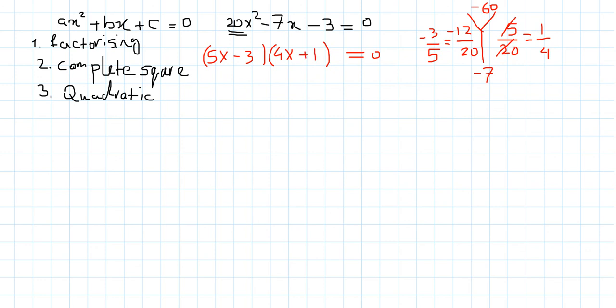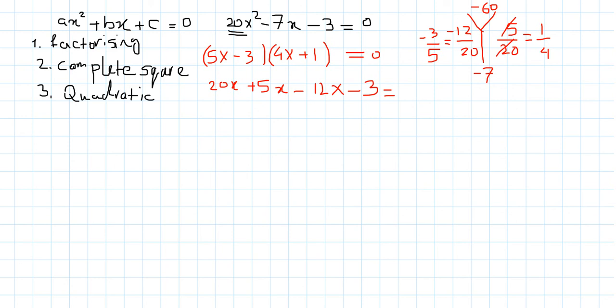Sometimes maybe you have doubt whether it is correct or not, so you can check this by expanding it. Let's expand. 5x times 4x is 20x squared, plus 5x times 1 is 5x, minus 12x, minus 3. It should be the first equation. If it is the first equation, it will be correct. If not, you should come back and check it again.